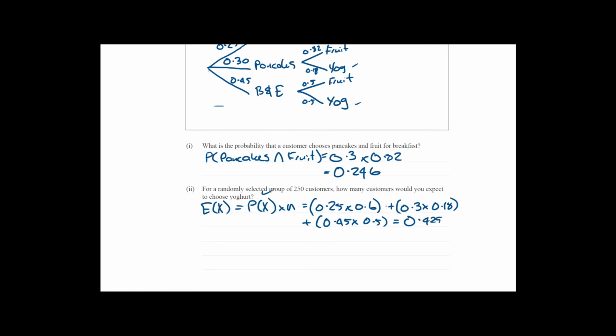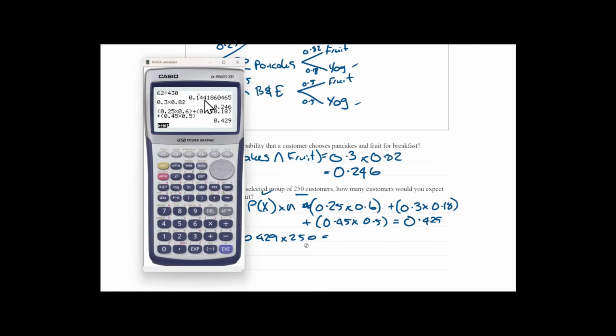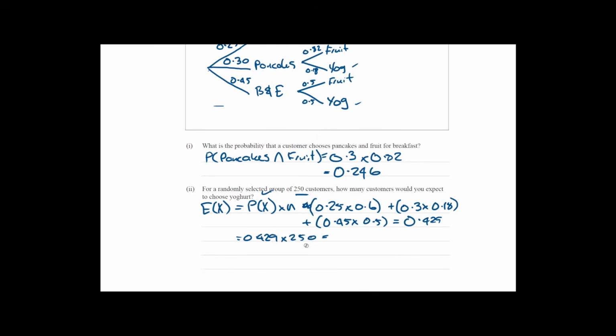Okay, so we've got this bit. Now we need to multiply that. But then 0.429 times 250 trials. And it's going to be a number. Love me a number. Times that by 250 is 107.25.